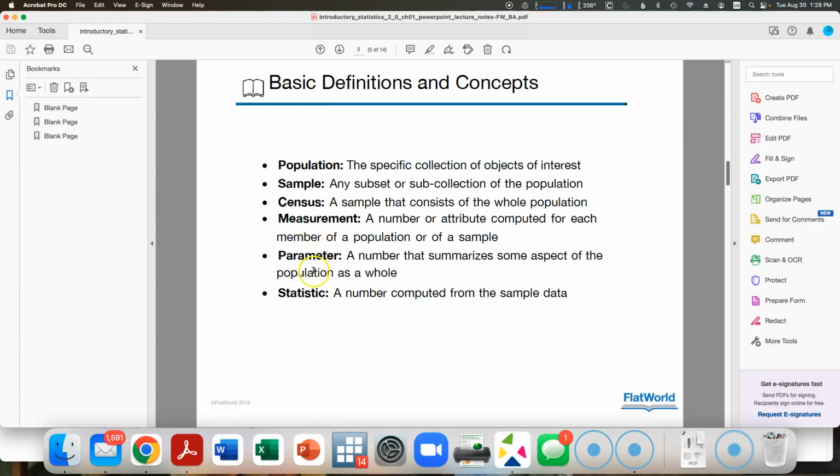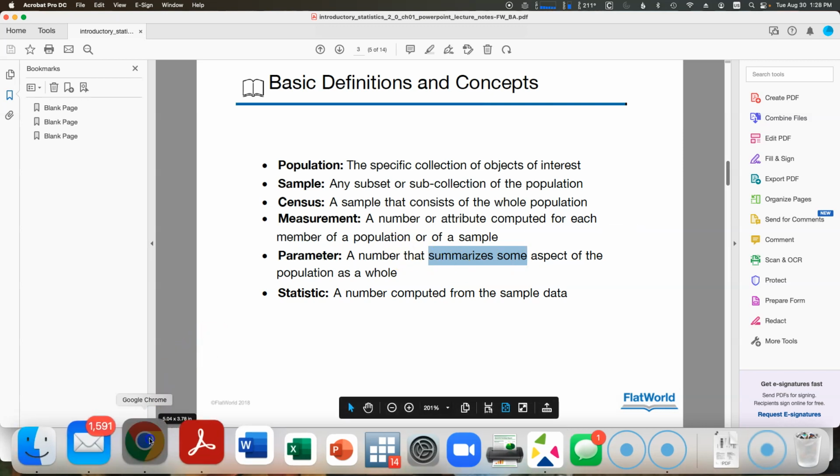But what we would typically want to do is talk about a parameter. Meaning we don't typically want to talk about how many of the 276 million vehicles. Typically, we want a number, a measurement that summarizes some aspect of it.